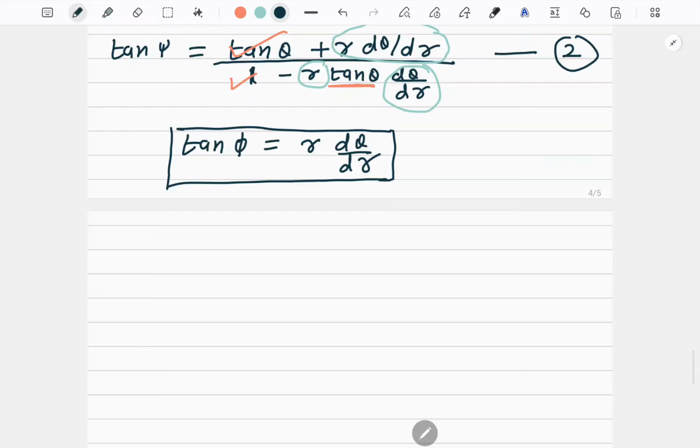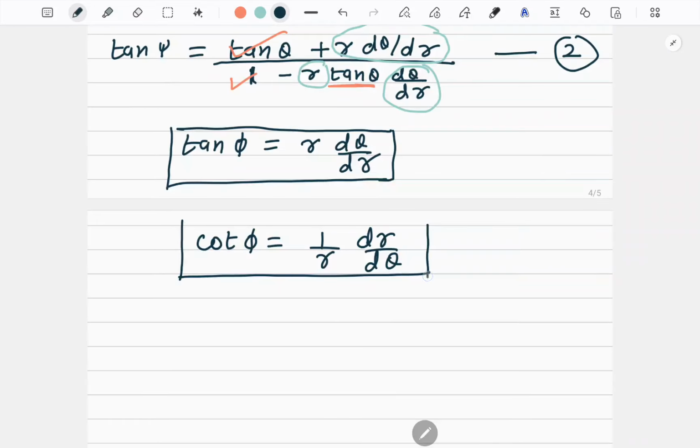If you take the reciprocal of this, what will come? Reciprocal of tan phi is cot phi. So cot phi is equal to 1 by r dr by d theta. This is our main formula, and how they ask in the exam, they will say derive a relation between the angle between the radius vector and the tangent to the curve.